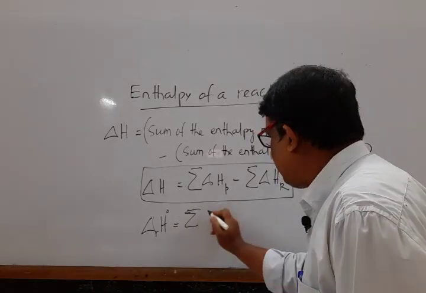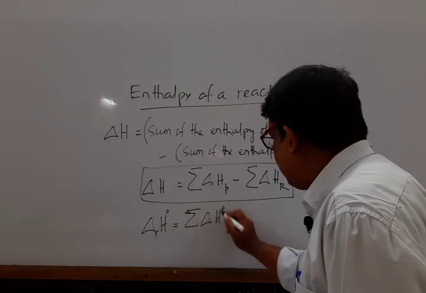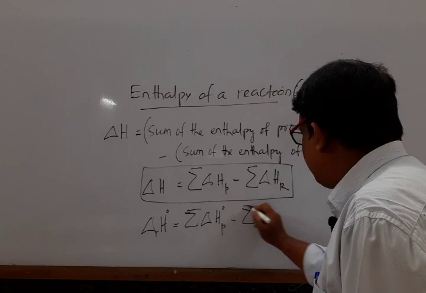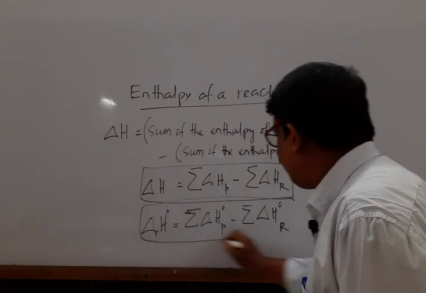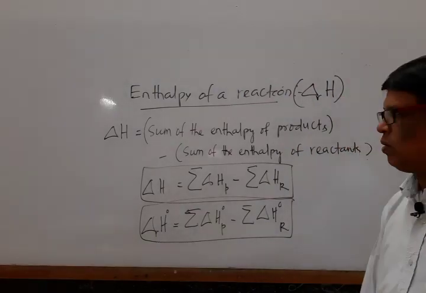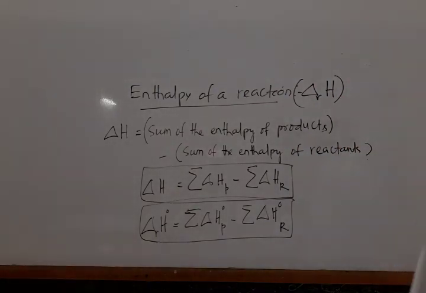That is the summation of standard enthalpy of products minus the summation of standard enthalpy of reactants. This is known as enthalpy of a reaction and also standard enthalpy of a reaction.